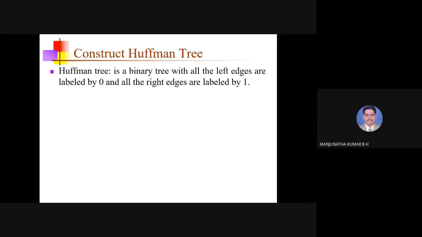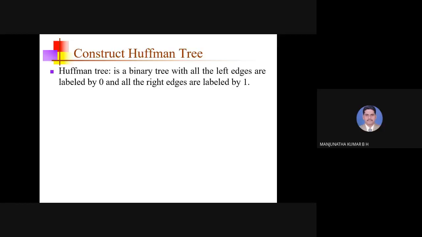First, a Huffman tree is a binary tree with all the left edges labeled by 0 and all the right edges labeled by 1. Remember this. Or, if you label the left edges by 1, then the right edges should be labeled by 0.